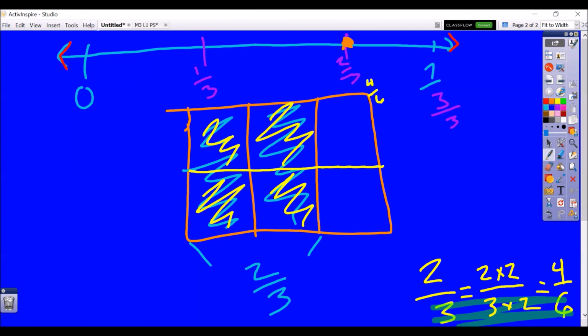Sorry that that's bleeding into the area model. But how can I represent those other thirds? Well, what did we do to each part? Well, we cut each part in half. So if I just go ahead and say part here, that would be 1/6.